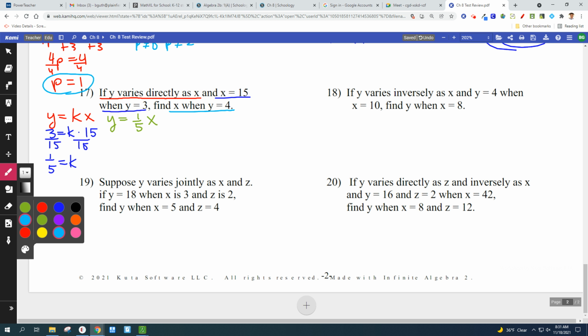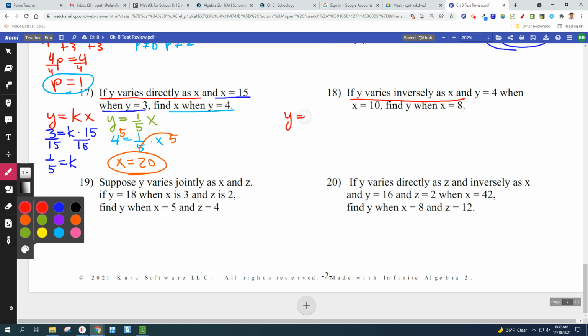Find x when y equals 4. So if y equals 4, I want to know x. Sometimes that's pretty easy to do in your head, maybe not this time. I'm going to multiply by 5 on both sides to cancel out that fraction, and isolate the variable. x equals 20. That's direct variation.